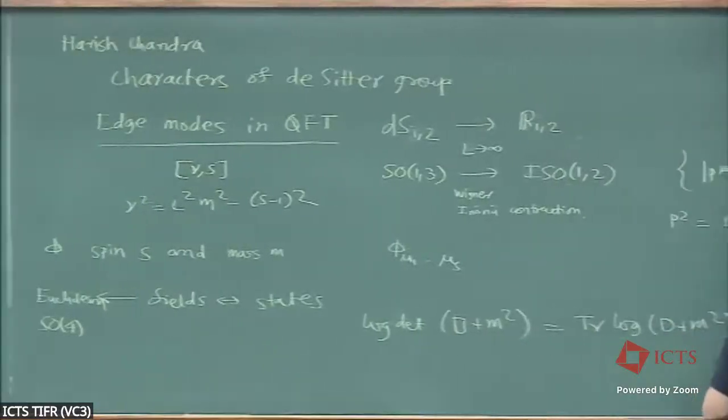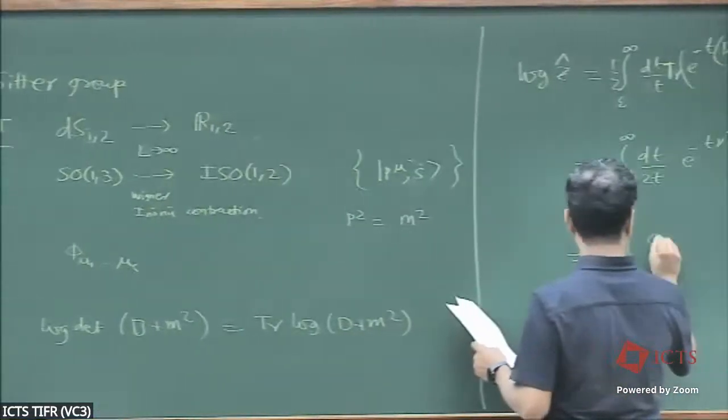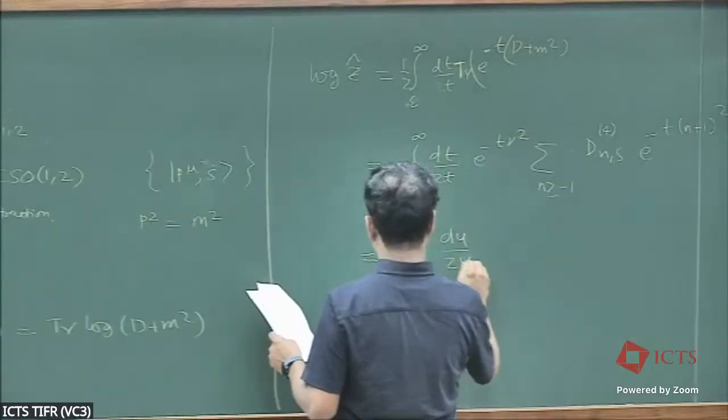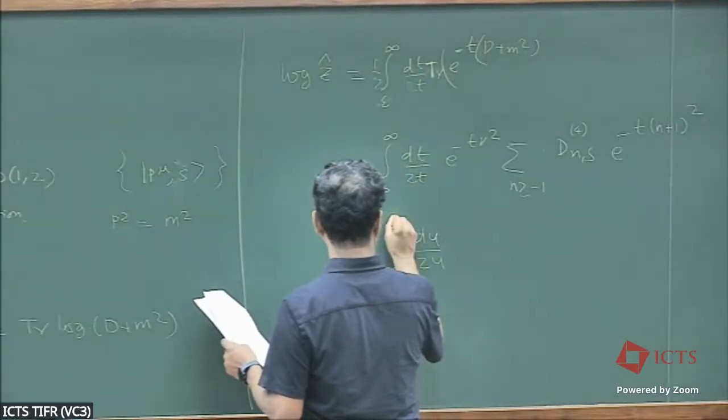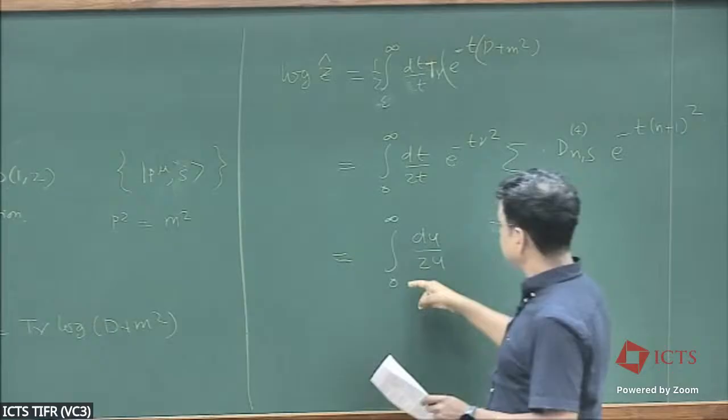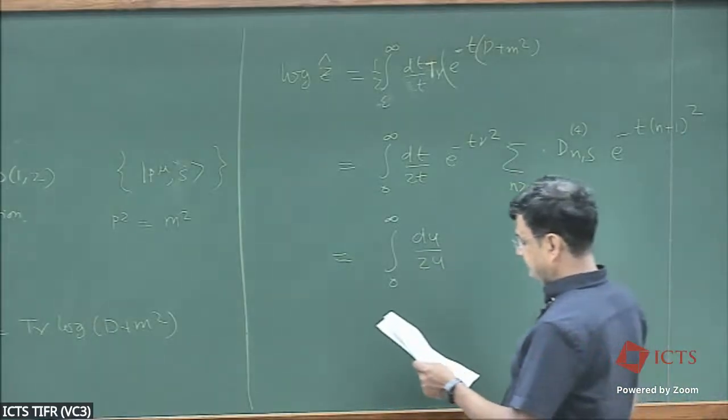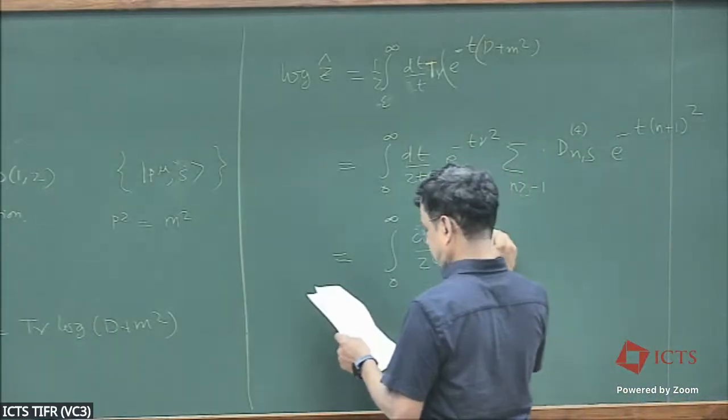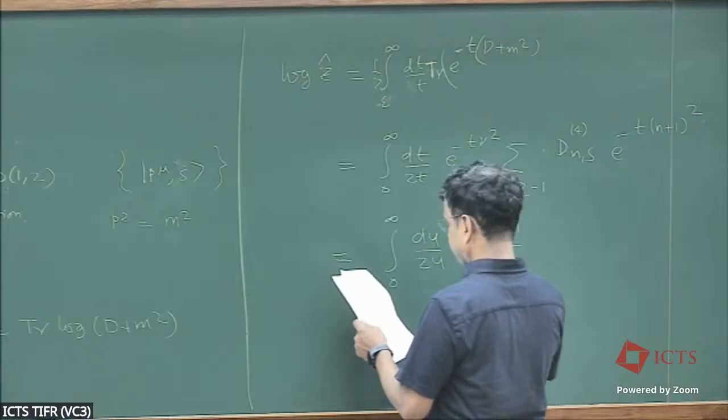But after some manipulation, you can write it as, I mean, it's fairly straightforward. I'm writing it from 0 to infinity, but it's always understood to be with some appropriate cutoff.